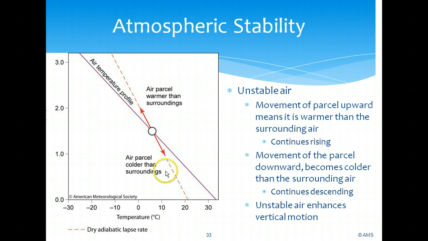Whereas the descending air tends to remain cooler or denser than the ambient air, and it continues to descend. This unstable air enhances vertical motion, and that's why flying through unstable air tends to be more of a problem in terms of the movement than flying through stable air.